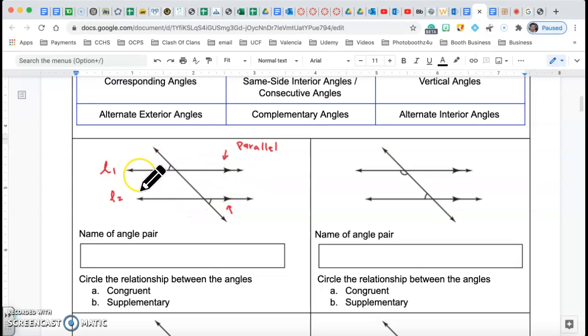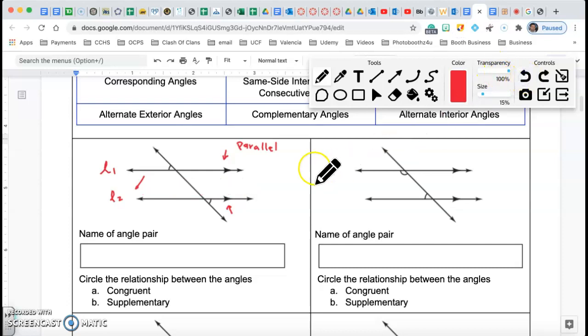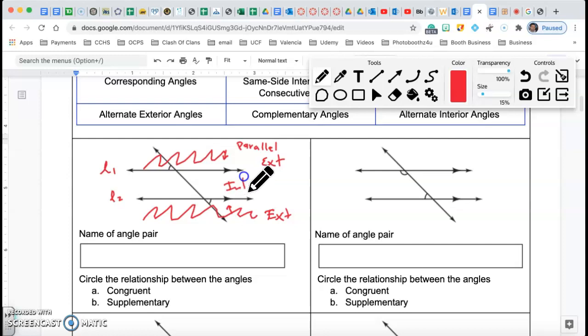In between the two lines, I call that the inside, or interior. Here on the top and here on the bottom, that's the exterior. Those are the areas: interior in the middle, exterior on the outside. That's how we're going to find out the names of these.